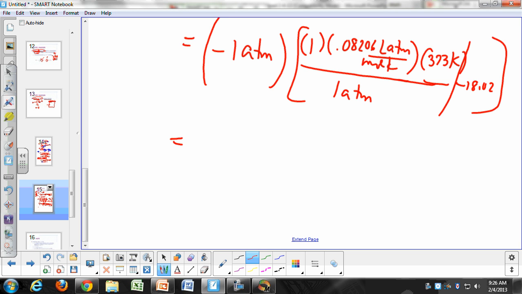Mole cancels out. Atmosphere cancels out. Kelvin cancels out. So this will give you liters.